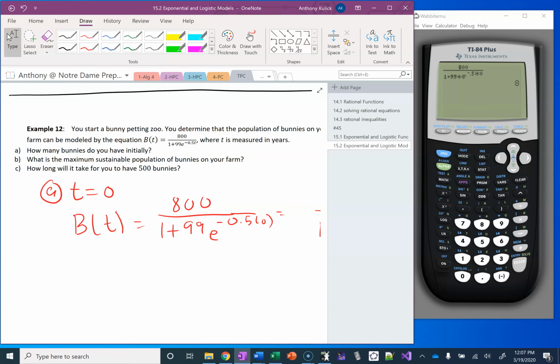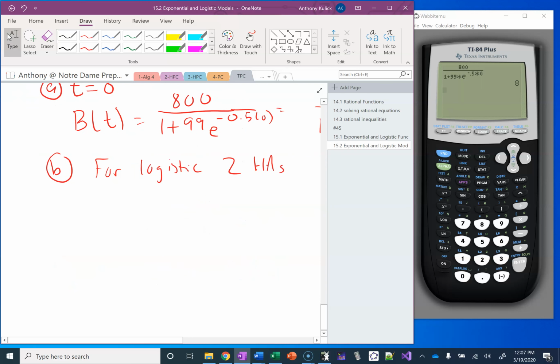Okay. The next question asks, what is the maximum sustainable population of bunnies on your farm? So if you remember, for logistic growth or decay, we have 2 horizontal asymptotes.